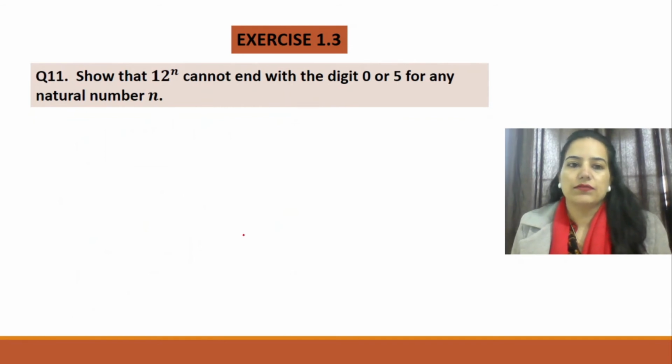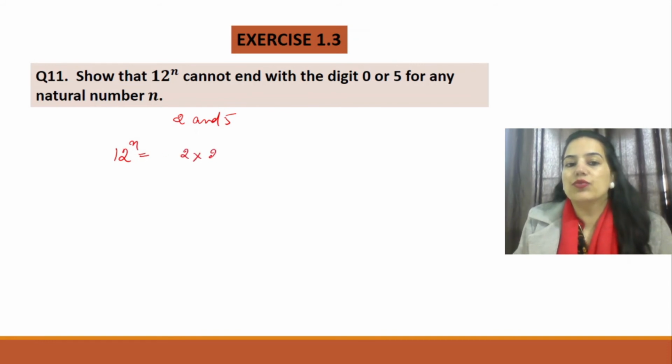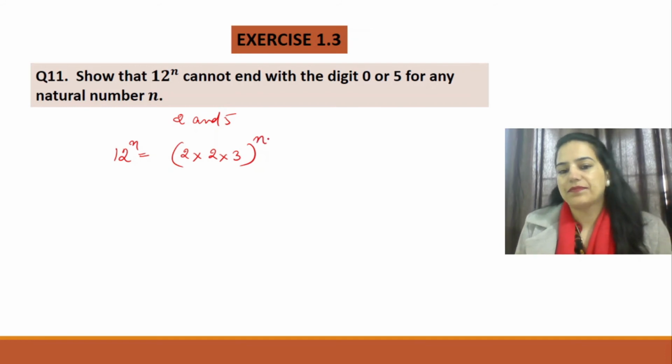Question 11 now. Show that 12 raised to power n cannot end with the digit 0 or 5 for any natural number n. Now, for a number to end with digit 0, it needs to have factors of 2 and 5. So 12 raised to power n, if I factorize it, I will get 2 into 2 into 3 raised to the power n.